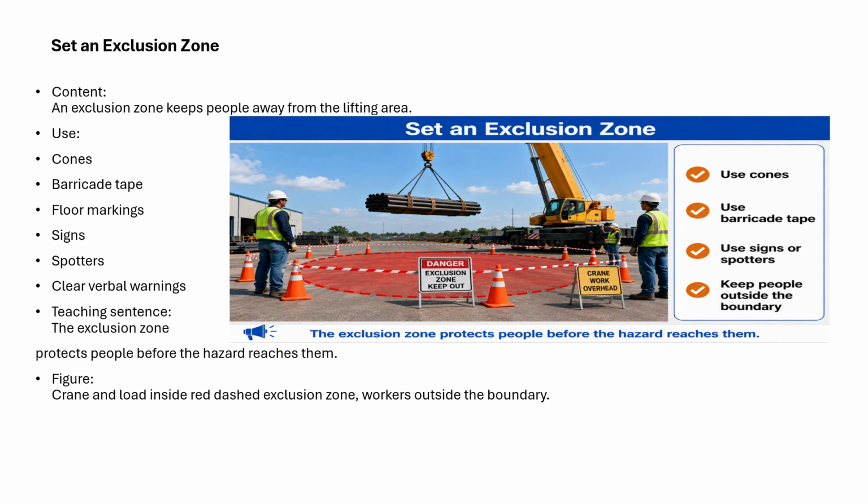Use cones, red barricade tape, floor markings, signs, spotters, and clear verbal warnings. Exclusion zones protect people before the hazard reaches them. The load is inside the red dashed exclusion zone. Workers are outside the boundary.